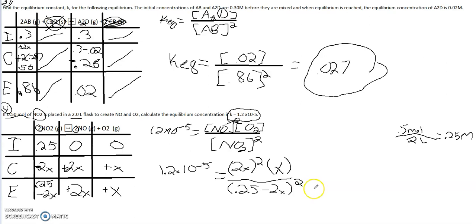Now, here's where you have to start making some assumptions. So if you watch the video for small x approximations, you should have an idea of what I'm about to do. But for those of you that haven't, you're going to compare your initial concentration of your NO2 that was given to you indirectly, but it was given, and you're going to compare your equilibrium constant.